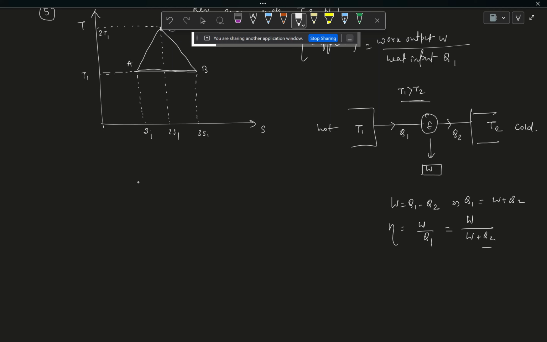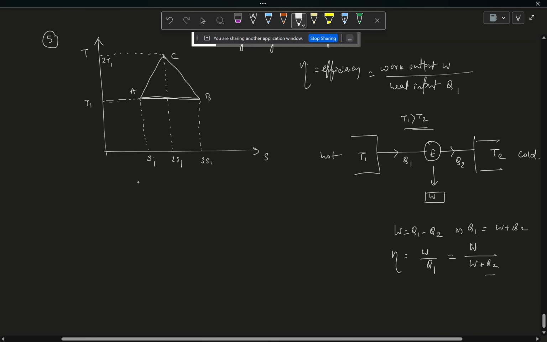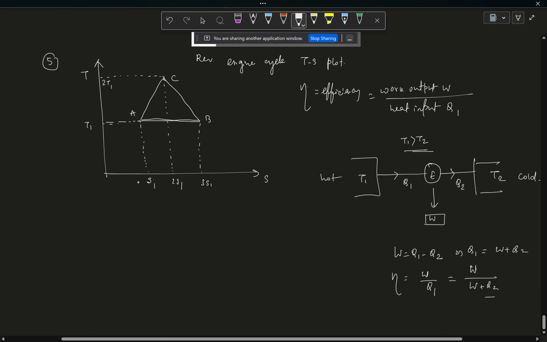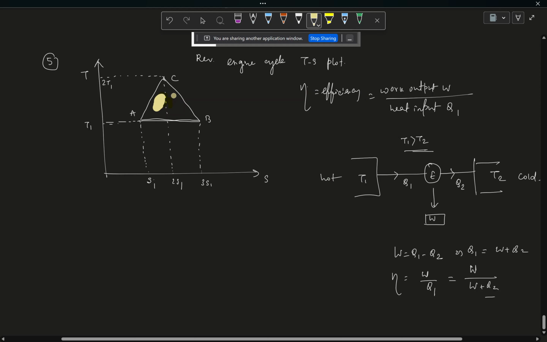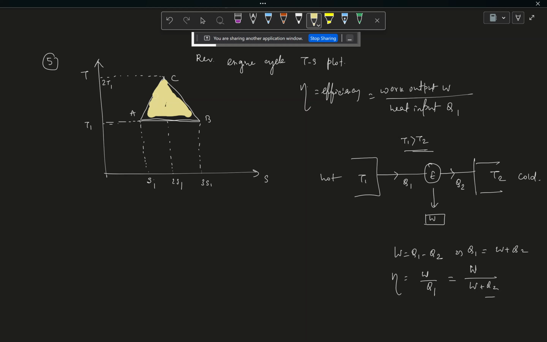Now here the catch is that when you have such a TS diagram, the first thing you have to know is that whatever shape the diagram is given in, the area inside this plot, this is the yellow area that I am marking right now.